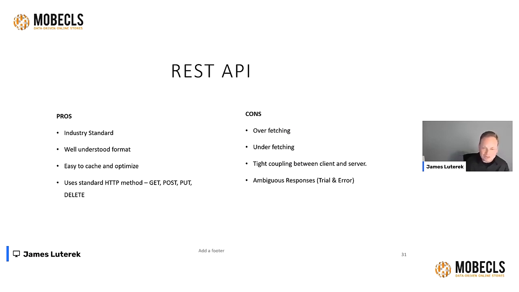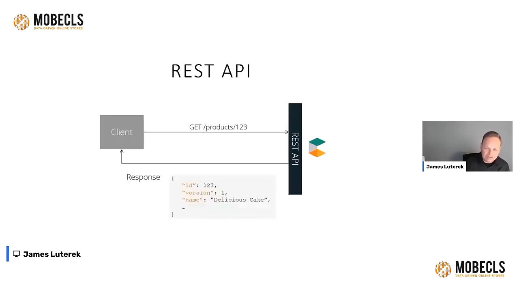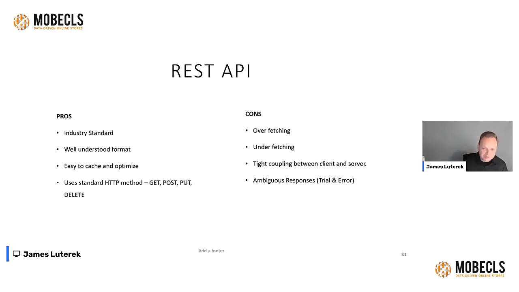It's very well understood. It's also very easy to cache. So if you have performance problems, you can quickly cache it because every request and response looks the same. Every time you ask for product 1, 2, 3, you get the same response. And it uses those standard HTTP methods, get, post, put, delete, which again helps with the caching and the optimization.